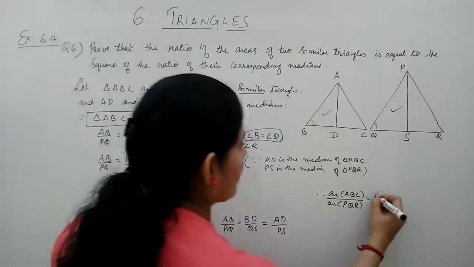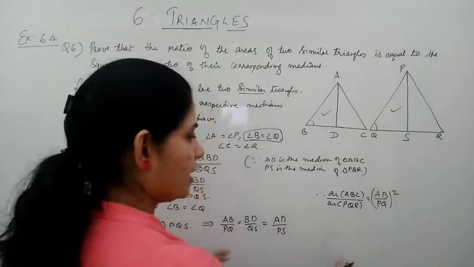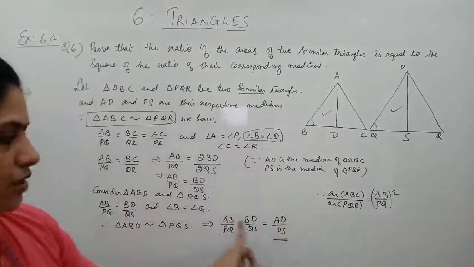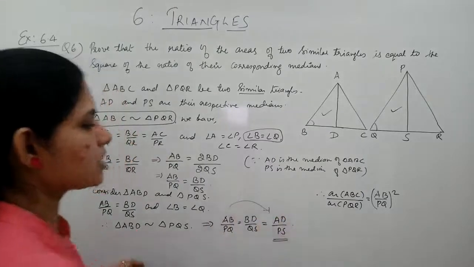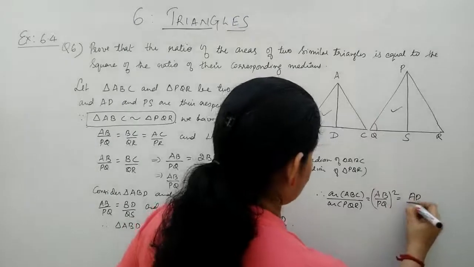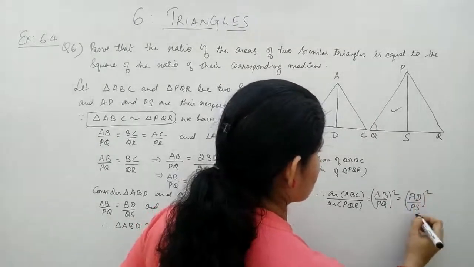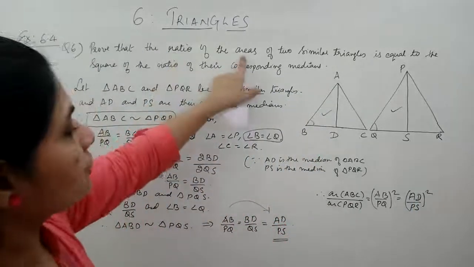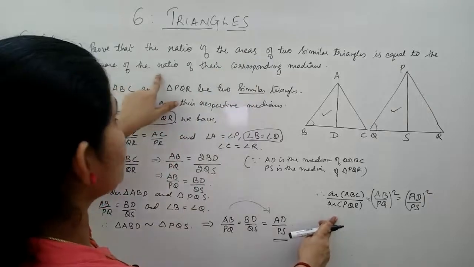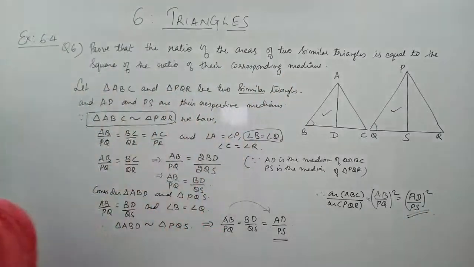So if I take AB by PQ the whole square, by the theorem AB by PQ can be replaced with AD by PS, because we have got that AB by PQ is equal to AD by PS. So here you will get AD by PS the whole square, and this is the required concept. You just check. Ratio of the areas of the two triangles is equal to the square of the ratios of their corresponding medians.